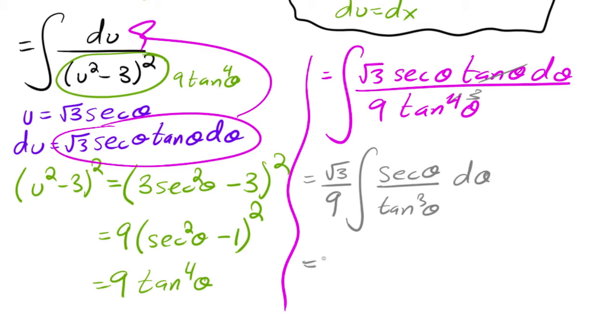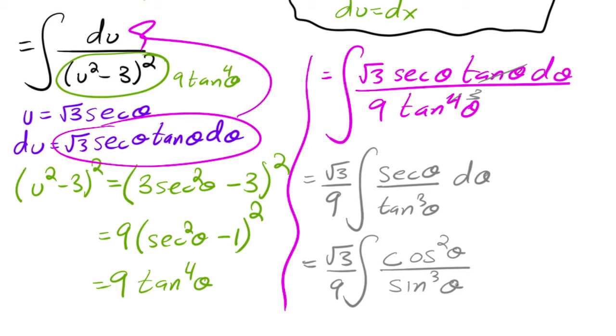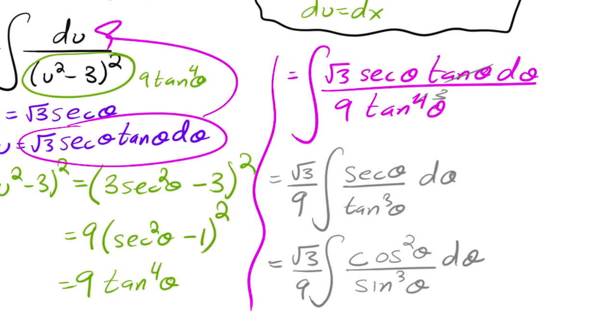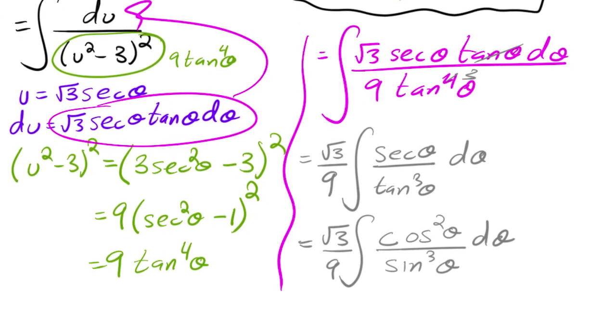Okay, and so to do this, there's no immediate substitution that we can do or anything like that. So why don't we turn it into sines and cosines. Secant's 1 over cosine, tangent is sine over cosine. So then that means I would get cosine squared theta over sine cubed theta. Now, let's see here. Any ideas on what to do?